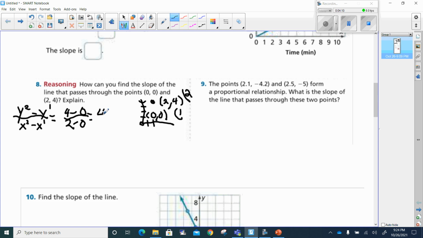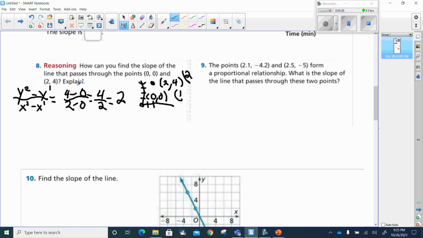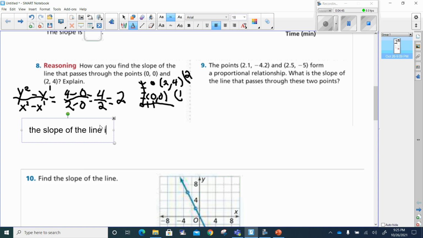That gives us 4 over 2. 4 divided by 2 equals 2. So how can you find the slope? My slope is 2, using the linear slope equation. So the answer is the slope of the line is 2.